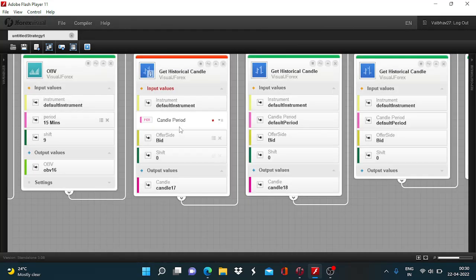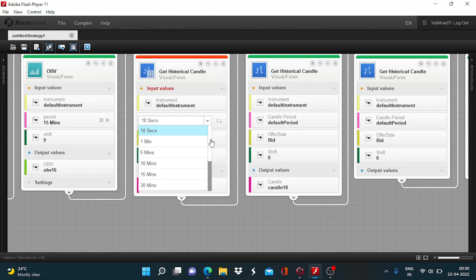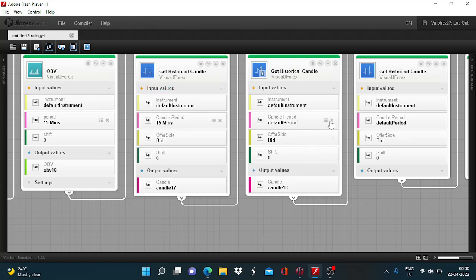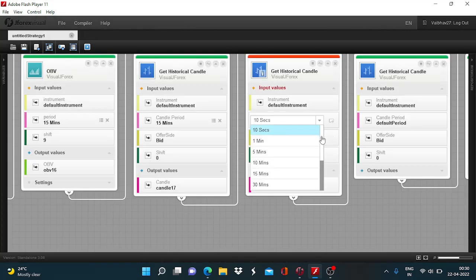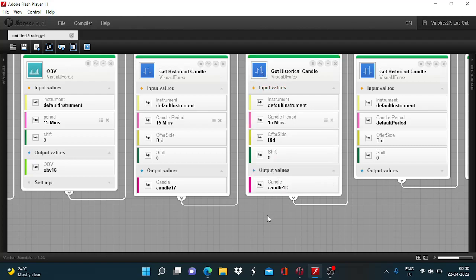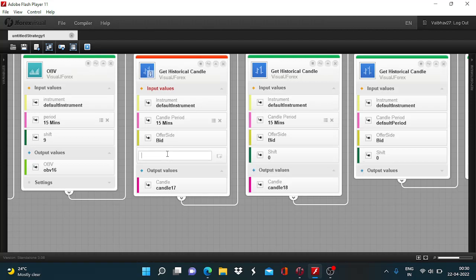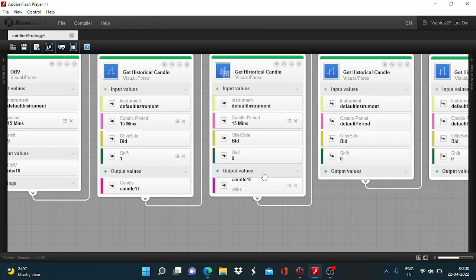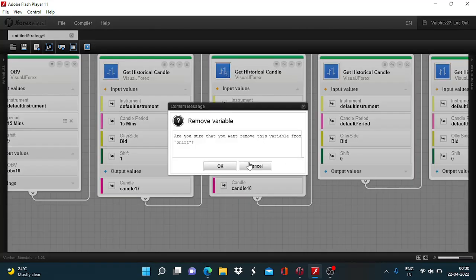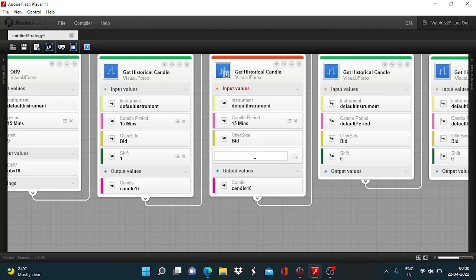This will need to be changed to 15 minutes. Here also the look back period needs to change. So this is going to be 1 and 9. So we will be able to compare the price action data over the interval of 2 hours.